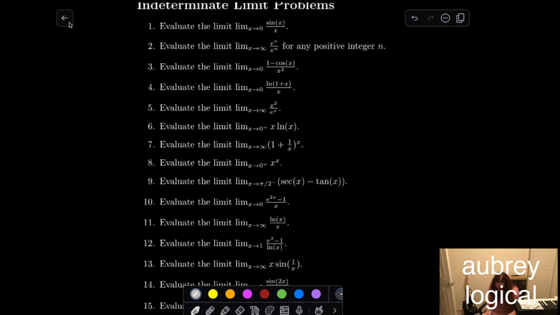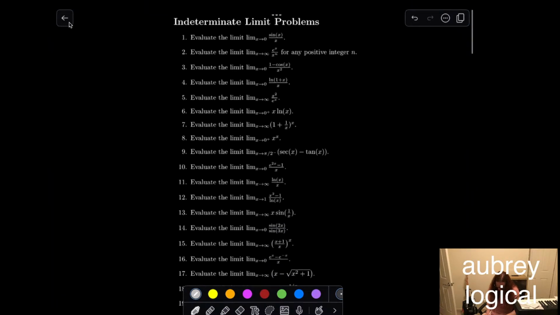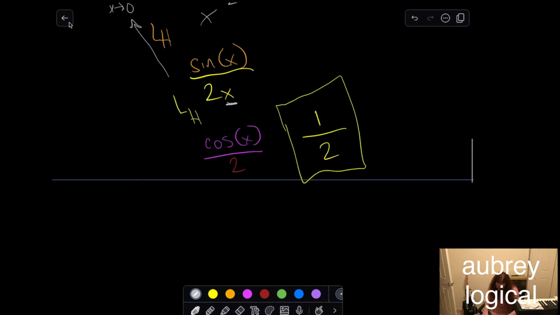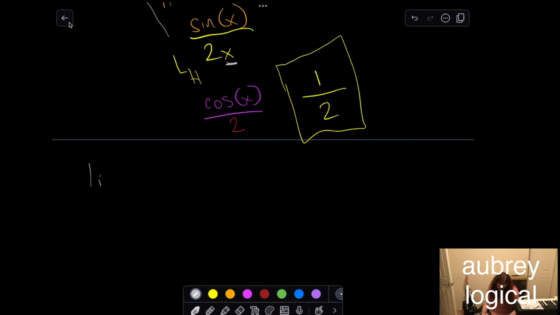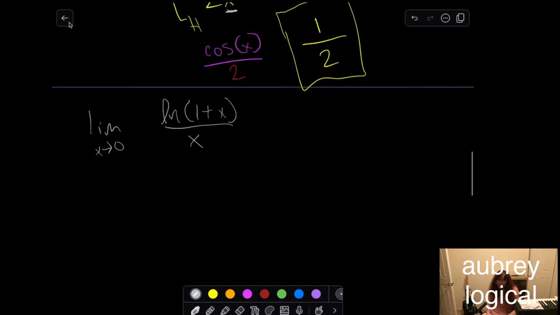Ln of 1 plus x over x. Okay, so ln of 1 plus 0 is ln of 1, which is 0, over 0, which is indeterminate. So we can do L'Hopital because we're already in our division form.